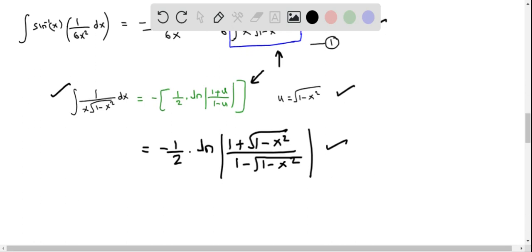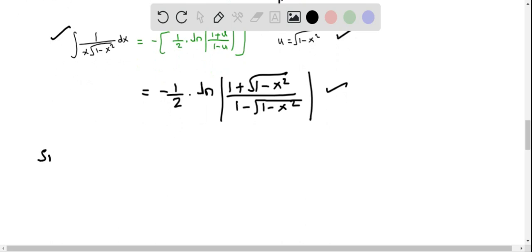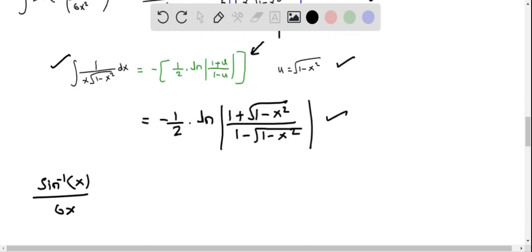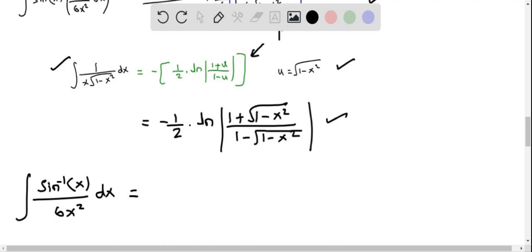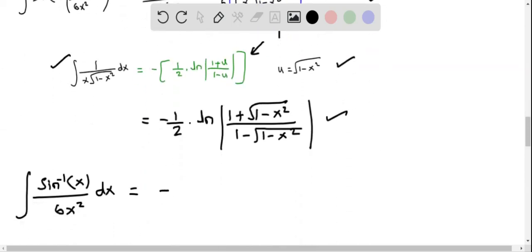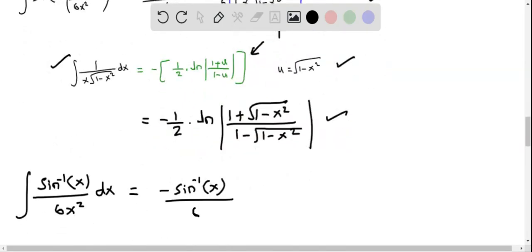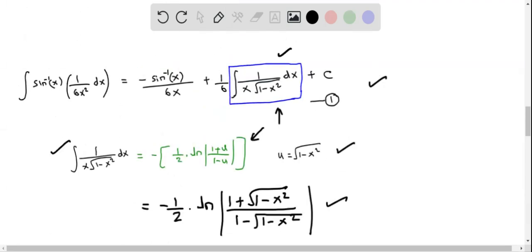So our original integral, that is the integral of sine inverse of x over 6x squared dx, equals, we write the first term, negative sine inverse of x over 6x, and when we replace this expression with this one, we have the factor negative 1 by 2.